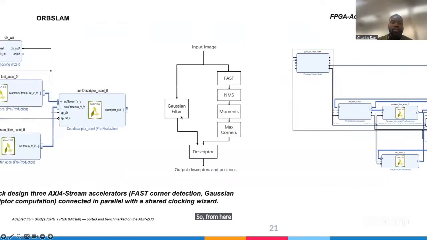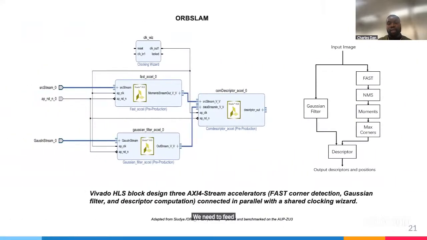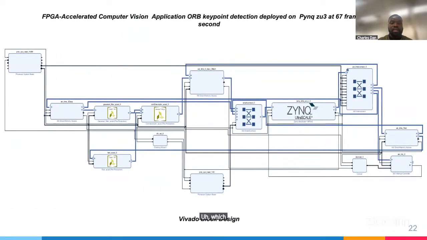So from here, we need to feed it into our Zynq processing system, which is this. We have the three accelerators, which are the FAST, the Gaussian, and then the BRIEF descriptor. They all generate a binary descriptor, and those binary descriptors are what form the key point. What connects them is the AXI4-Stream, which is like a bus or an interconnect.